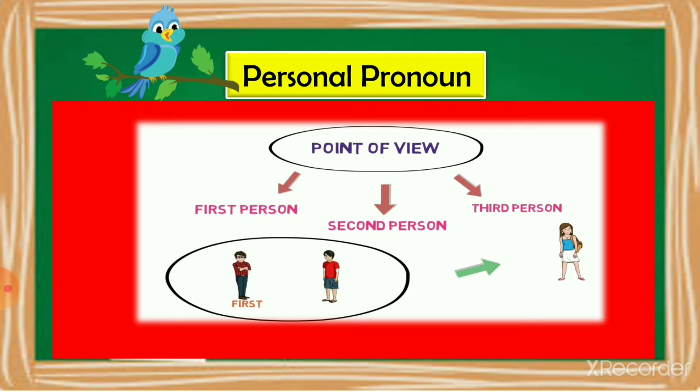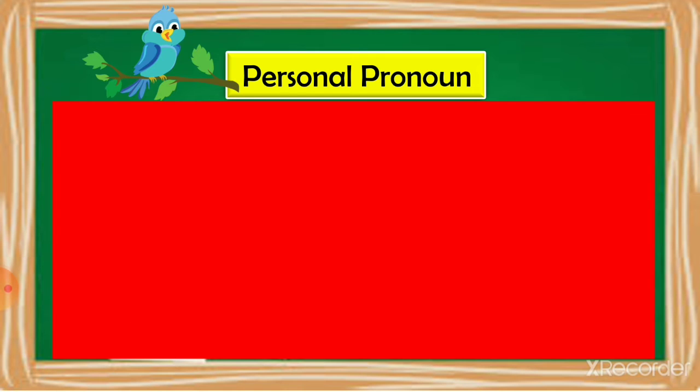He is talking to Sham and Sham is listening, so he will be the second person. And Ram is talking to Sham about Richa, who is not present in the room, so she will be the third person, right? So, this is how the personal pronouns are divided according to the point of view.